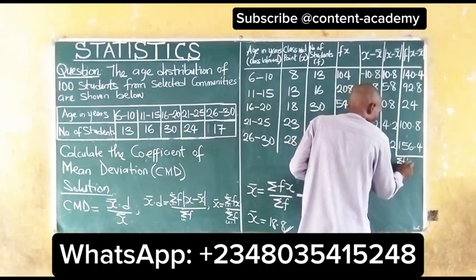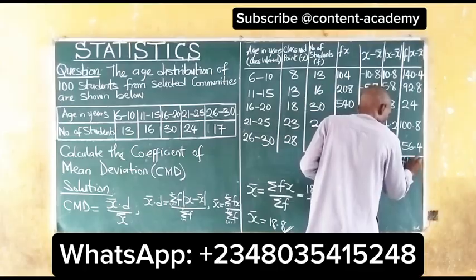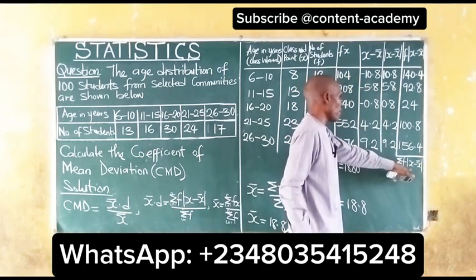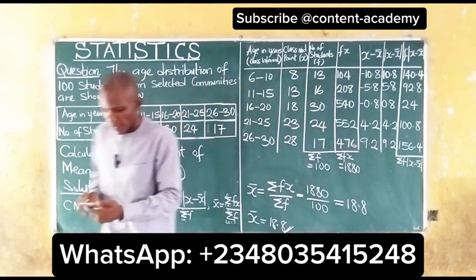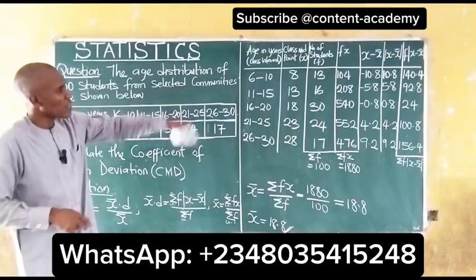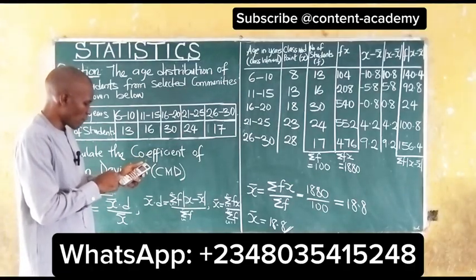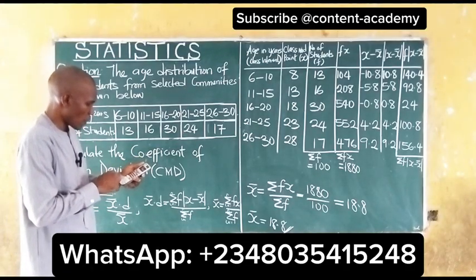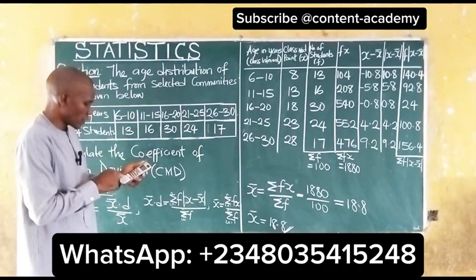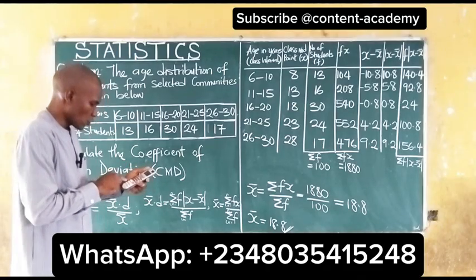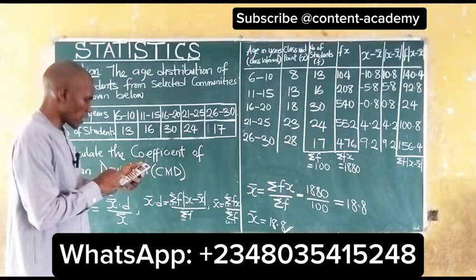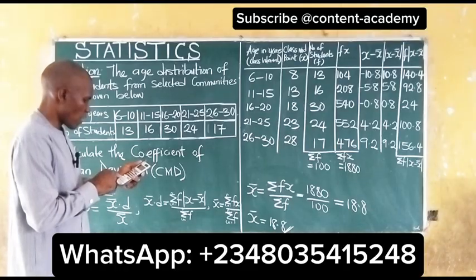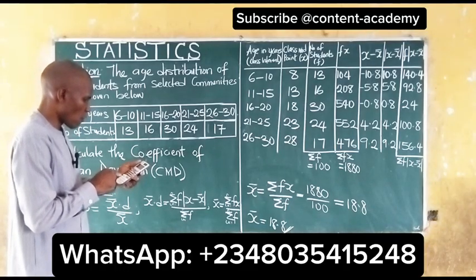We can also find the sum of what we have here, that is f multiplied by x minus x bar. They are all in bar. Now we can find the sum of that. That is 140.4 plus 92.8 plus 24 plus 100.8 plus 156.4.